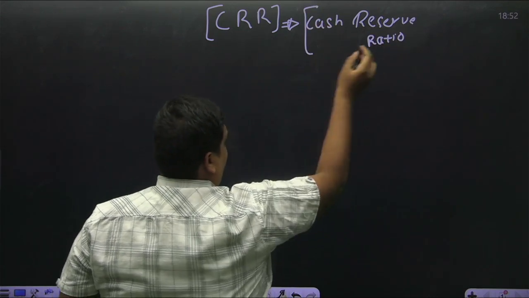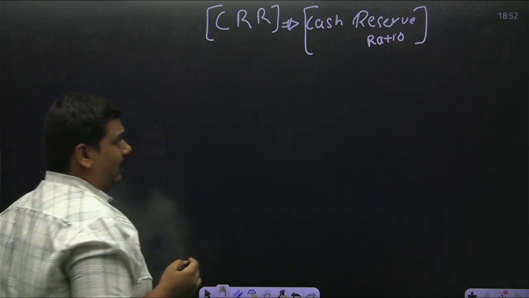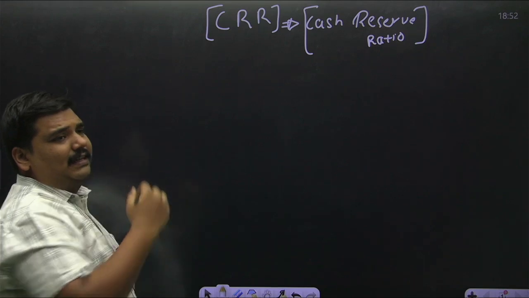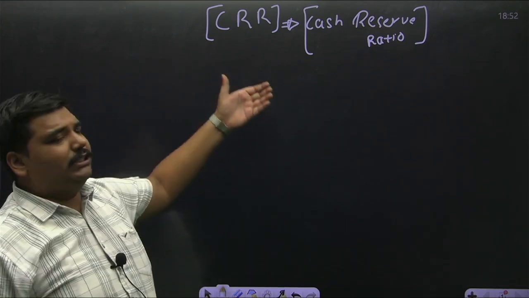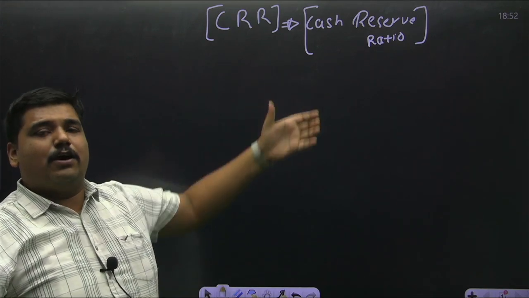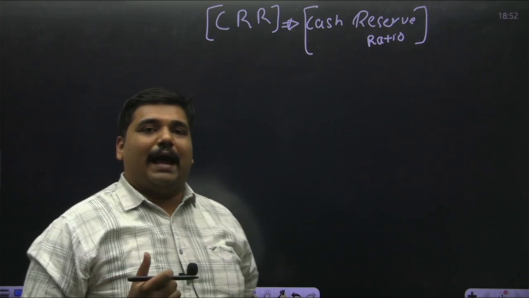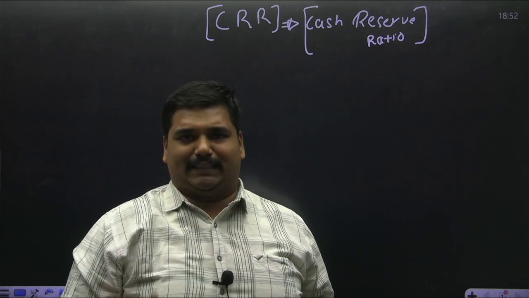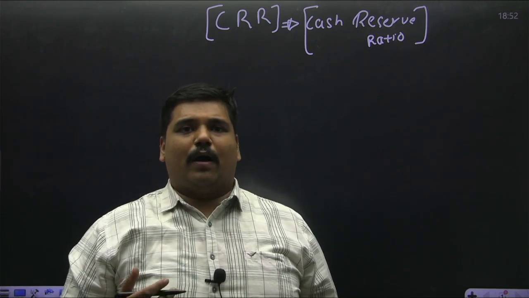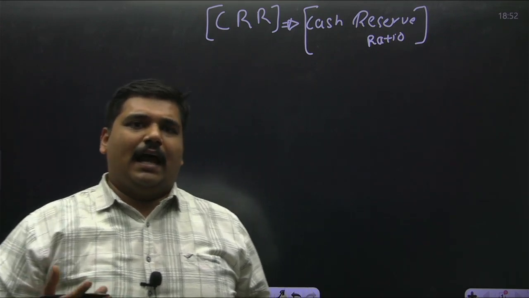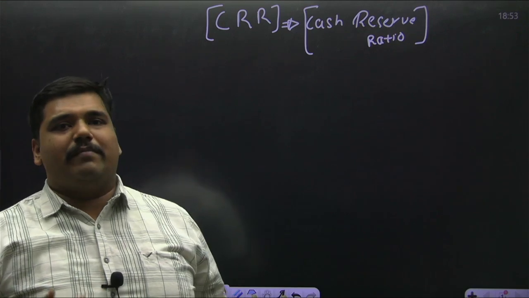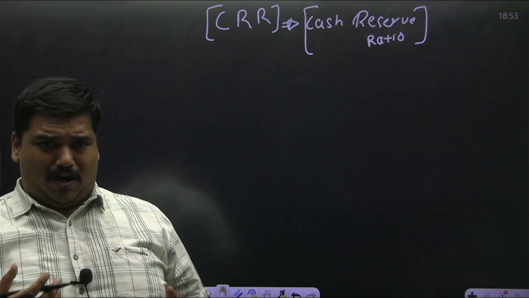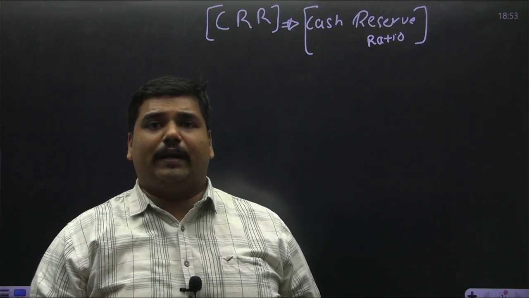Now, what is this Cash Reserve Ratio? This CRR is an essential tool used by the RBI to regulate banks. I told you banks are a bit risky in nature because they tend to give away loans to certain subprime customers who do not have the potential to repay the loans.